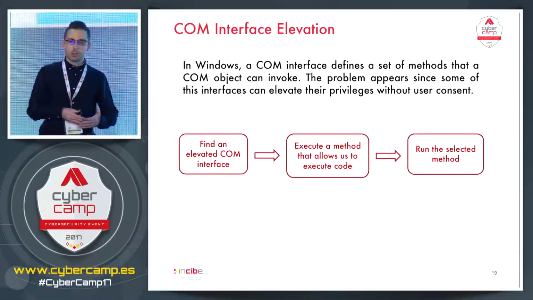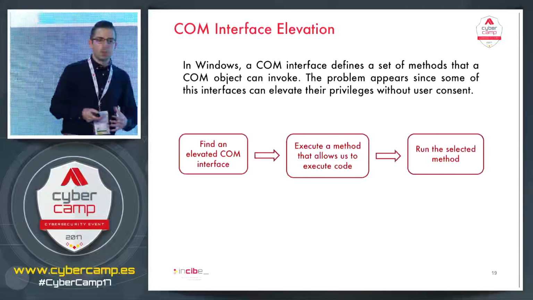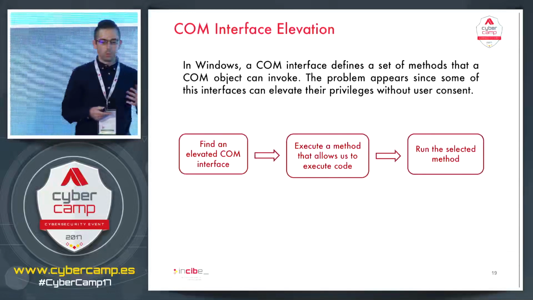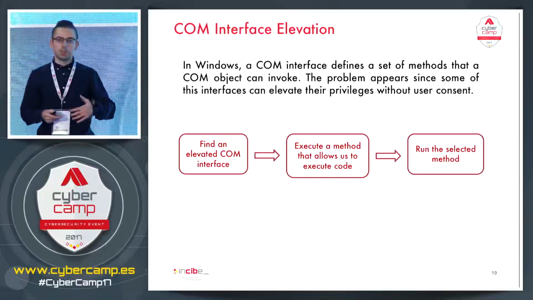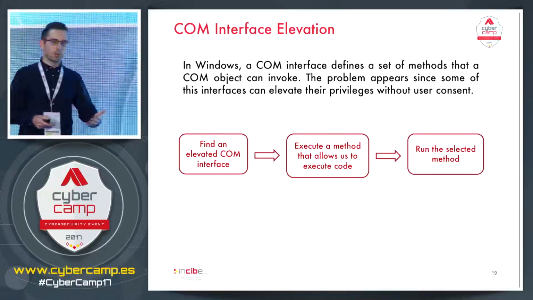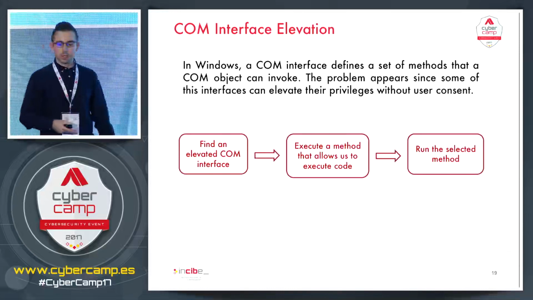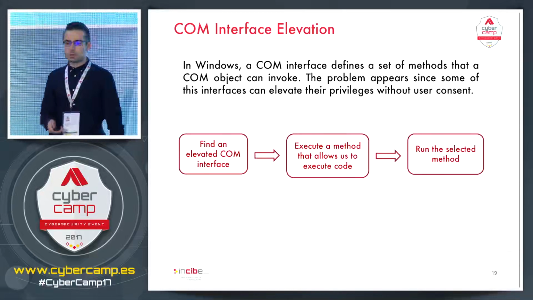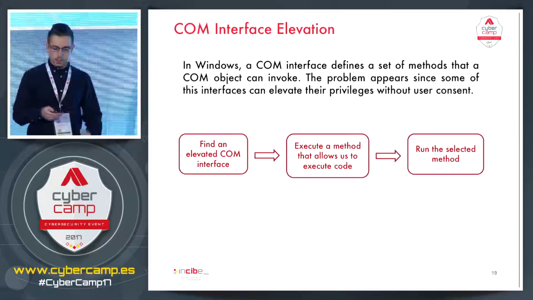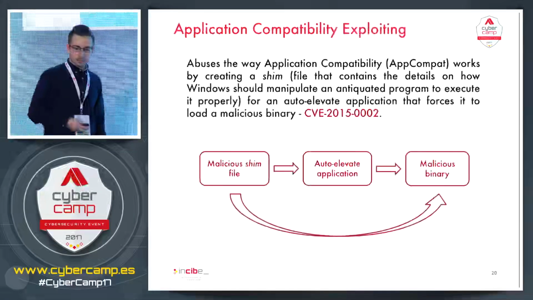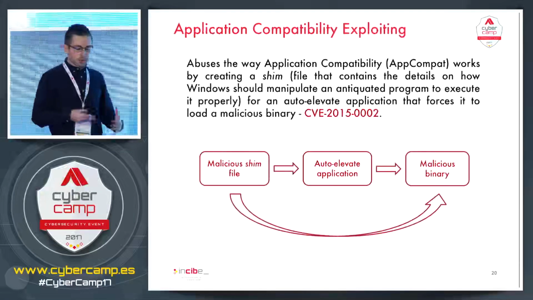So what happens if the hijacker finds in one of these COM interfaces providing rights, a process that allows for a command to be run, they can redirect the process to a method under their control. And this is quite a simple process.